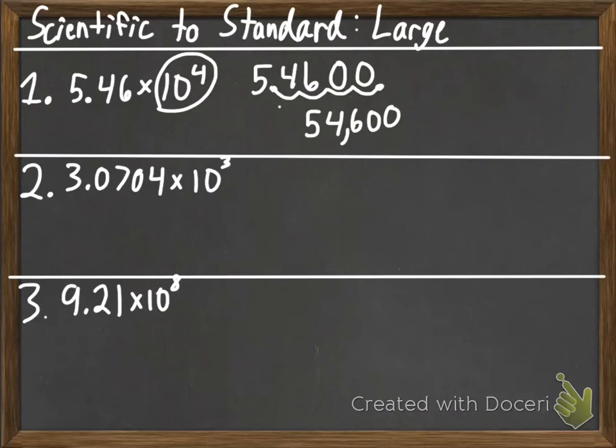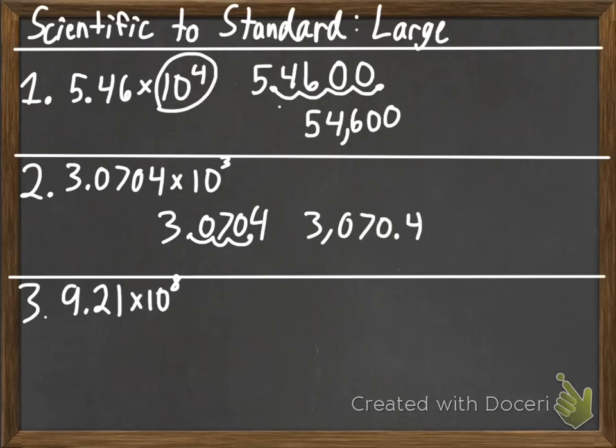Okay. 2, 3.0704, and it's 10 to the third, so 1, 2, 3, and this is 3070.4.